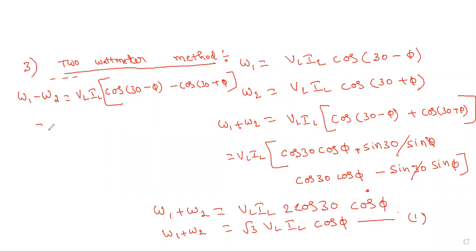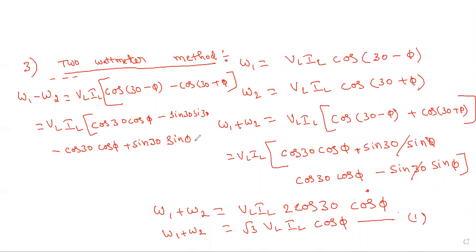So this will be equal to VL IL of cos(A minus B), cos A cos B plus sin A sin B, minus cos(A plus B), cos A cos B minus sin A sin B. These two will get cancelled.